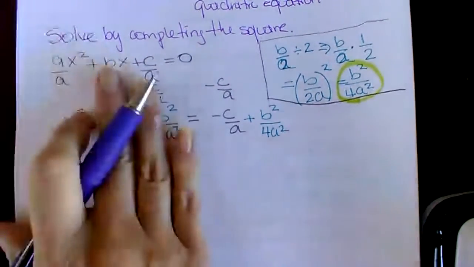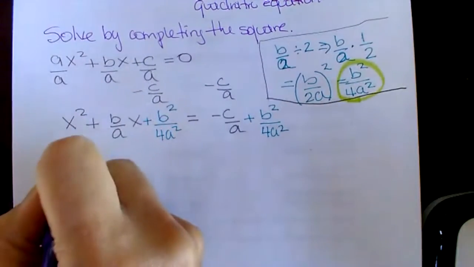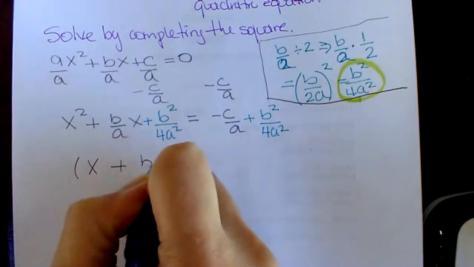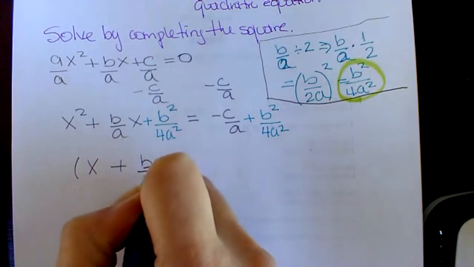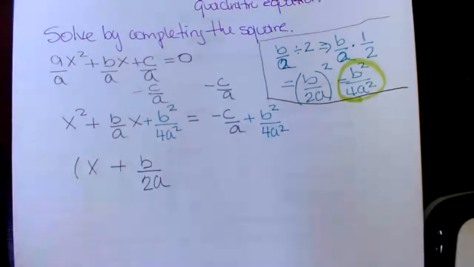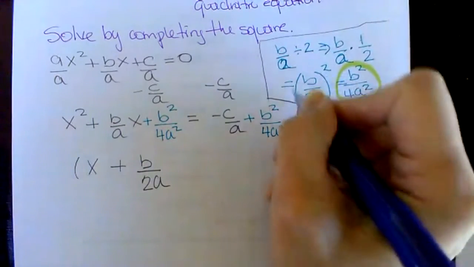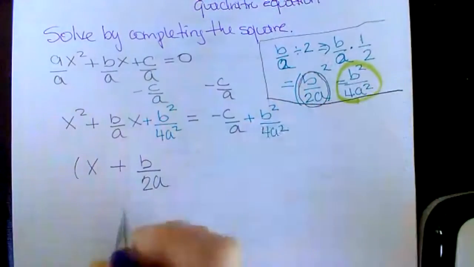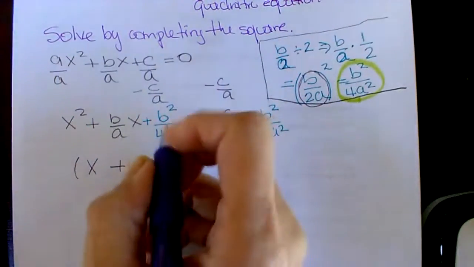Now, on this side, we know that what we got is x plus b over 2a, because that was what we got here before we raised it to the second power.